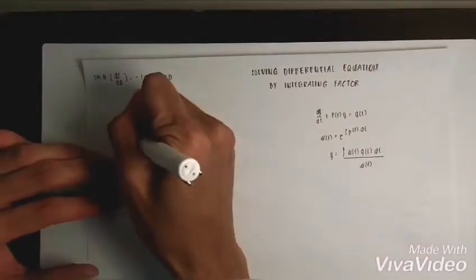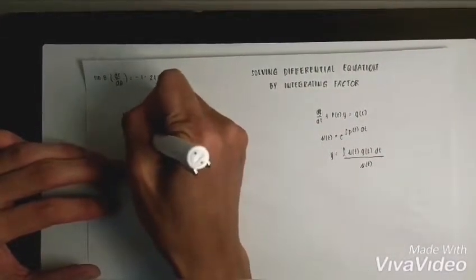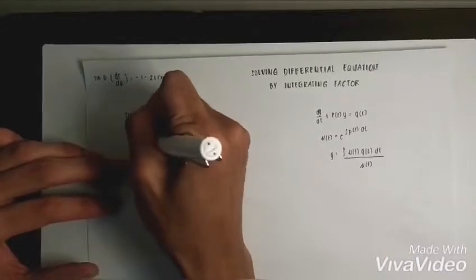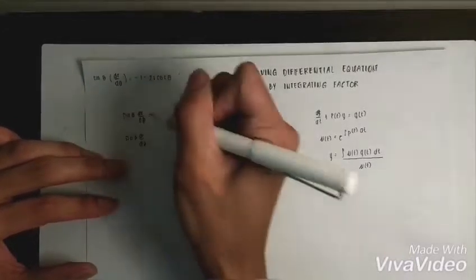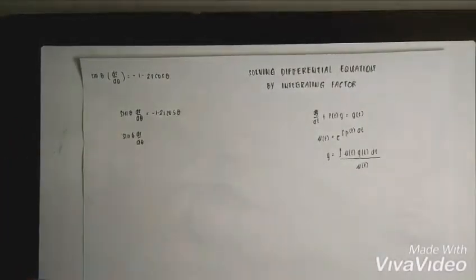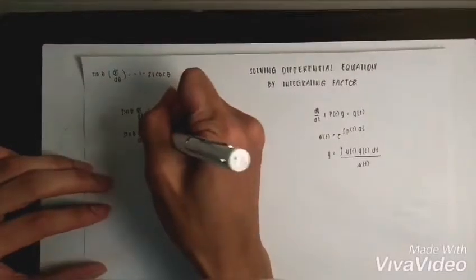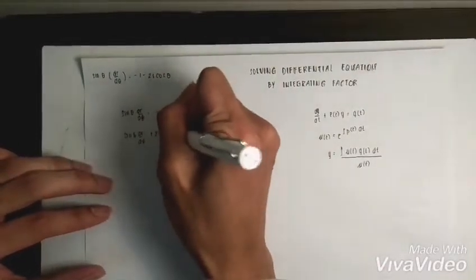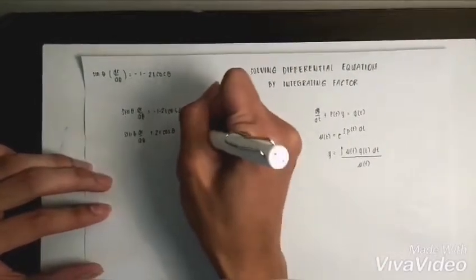So we have sine theta dr over d theta, at itong negative 2r cos theta, pwede natin ilipat dito sa left side. So it will be positive 2r cos theta is equal to negative 1.